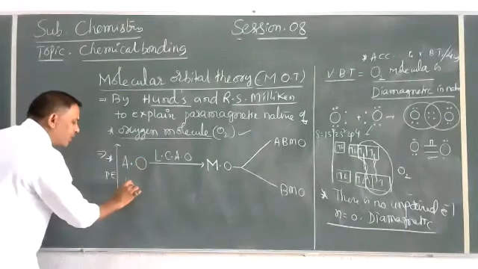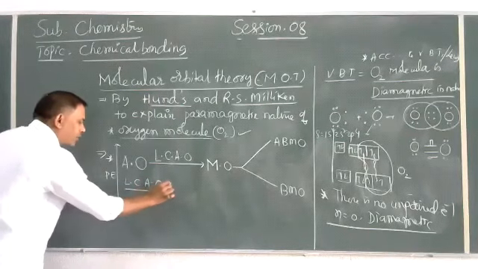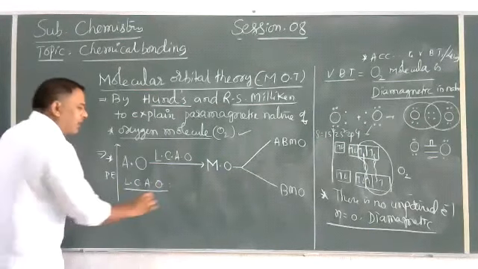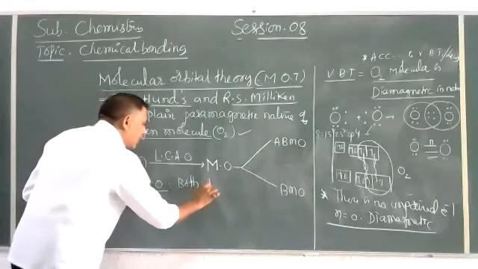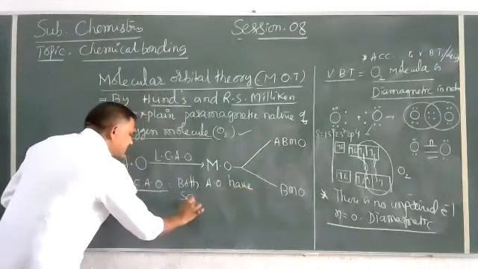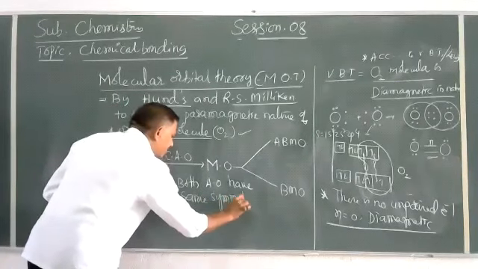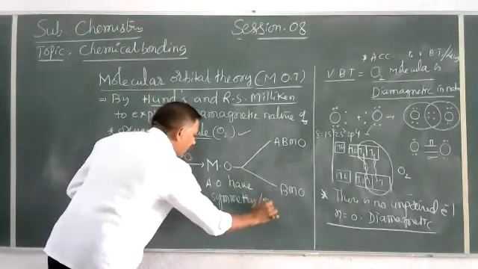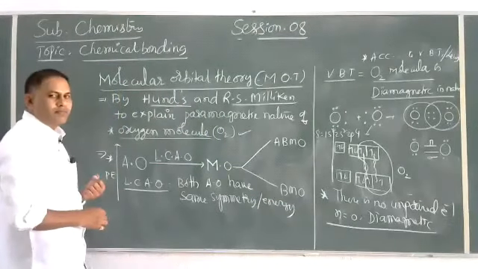Your LCAO rule, linear combination of atomic orbitals, says that atomic orbitals with the same symmetry and the same energy only combine linearly.